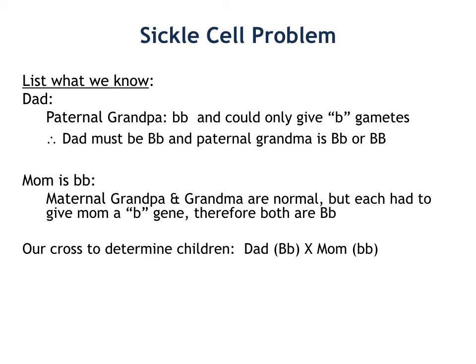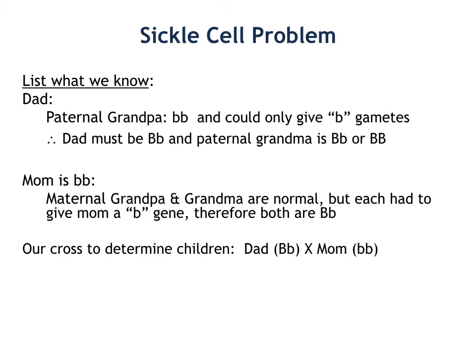Therefore, our father must be a heterozygote. He must be big B, little b. Okay, and our paternal grandmother can either be big B, little b, or big B, big B. He had to get a normal gene from mom, but we don't know what her other gene is.